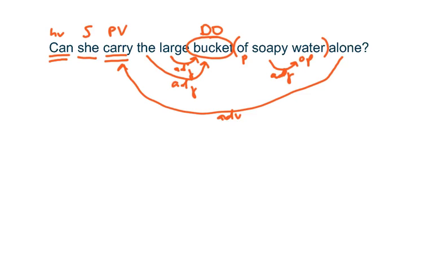Of soapy water. What does that describe? What does it modify as a prepositional phrase? Bucket. What kind of bucket? No, the bucket of soapy water. Call it an adjectival prepositional phrase. All right, now we can diagram it. So we have a subject, which is she.